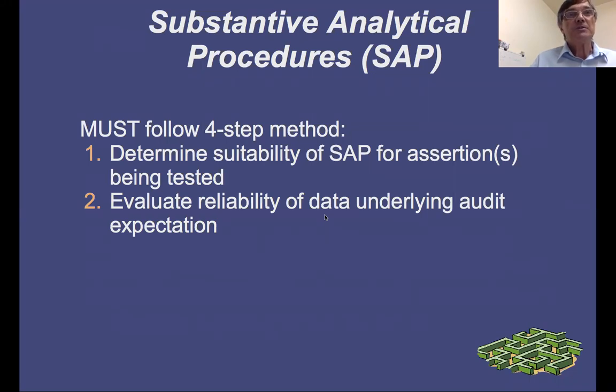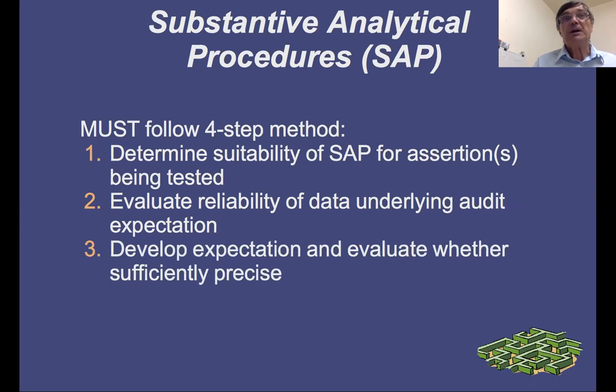Then we have to evaluate the reliability of the data that we base our expectation on. We're going to look at the 4 steps in more detail, but there are many cases when audit expectations are based on data whose reliability is charitably unknown.